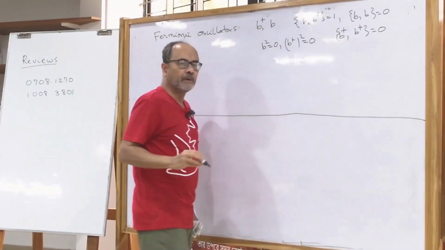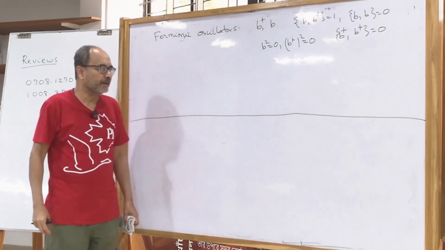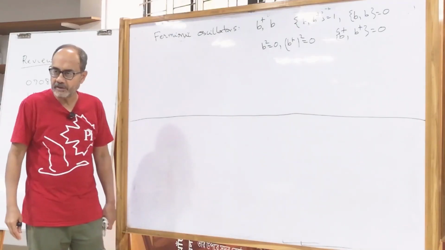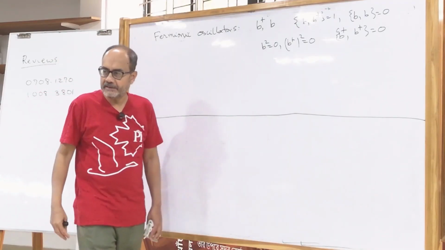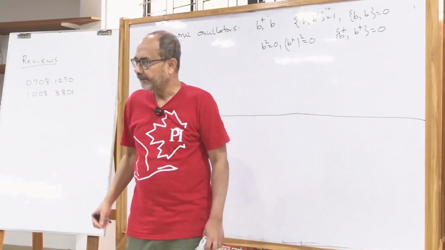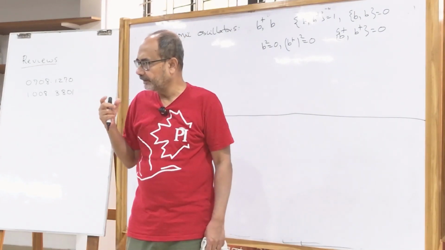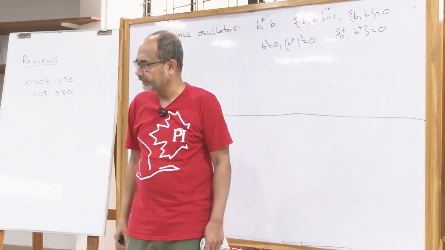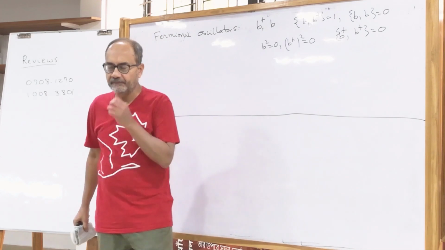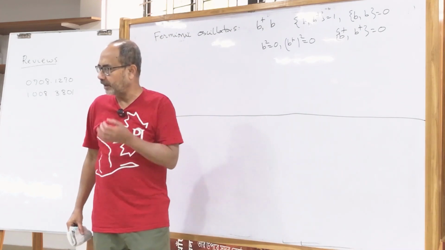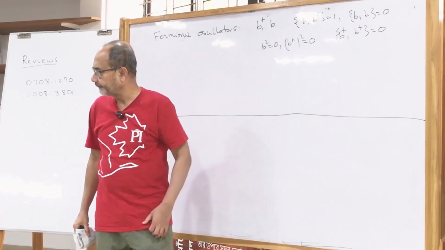And you might have seen this in your quantum field theory course. On the quantized fermions, you get the creation and annihilation operators, but they square to 0. You cannot apply more than one creation operator, and that's essentially the reason for the Pauli exclusion principle, that you cannot put more than one fermion in a given state.